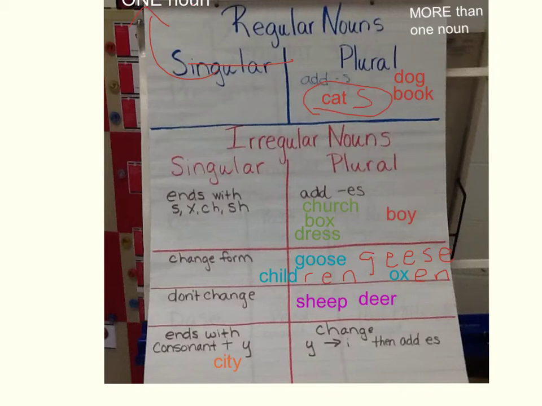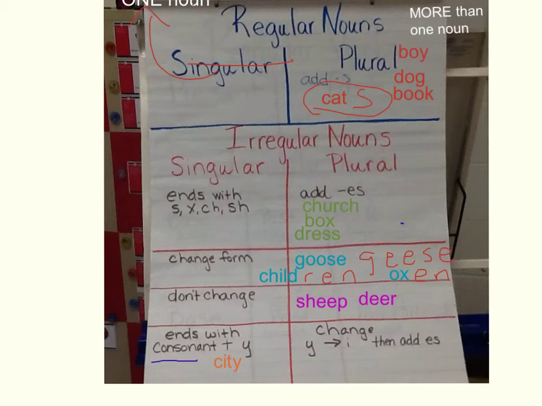Boy ends with a Y, but we don't take that Y off and change it to an I and add ES. That's a normal one. It's regular. We just add an S. But remember, this says that you're supposed to do that when there is a consonant in front of the Y. Well, that is not a consonant. That's a vowel. Remember, A, E, I, O, and U are vowels. So this is just a regular one.